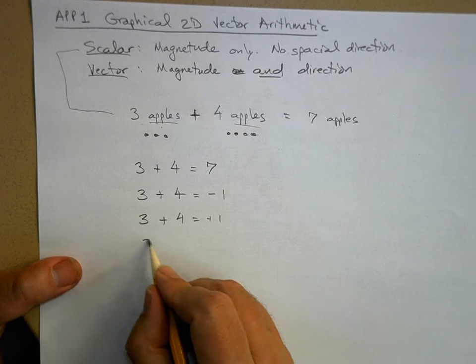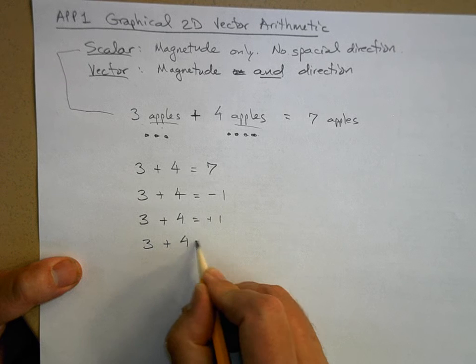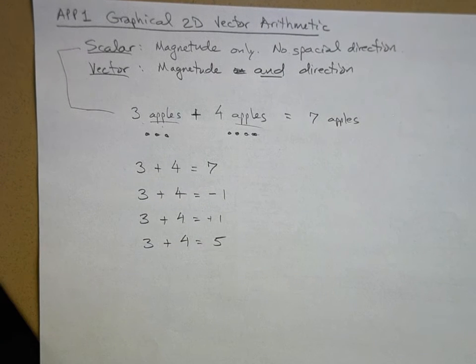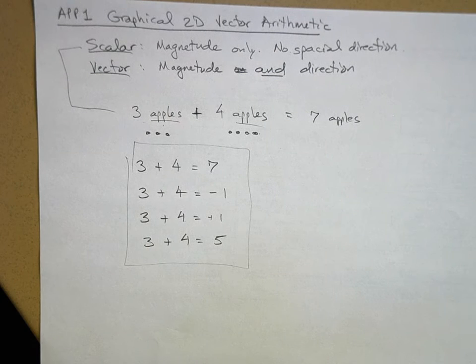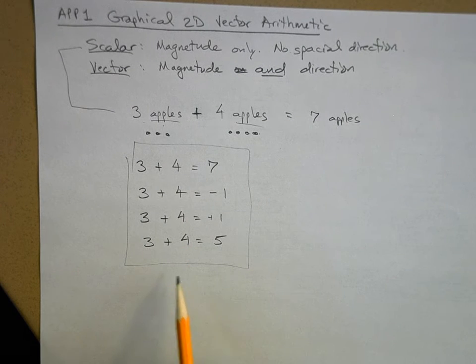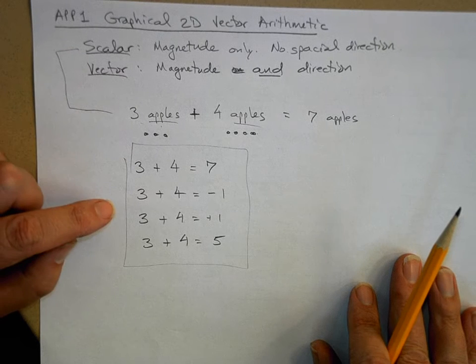I can give you where 3 plus 4 equals 5. What? So you're going to go home and they'll ask, what did you learn in physics today? And you can say, I learned that math is completely screwed up. You can tell, this is Common Core math.